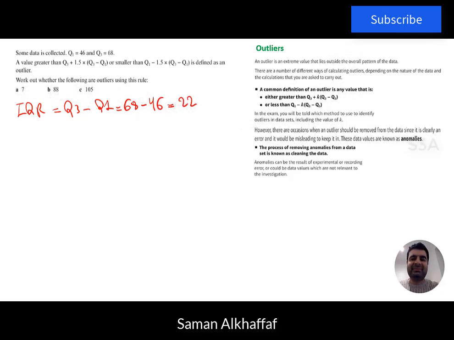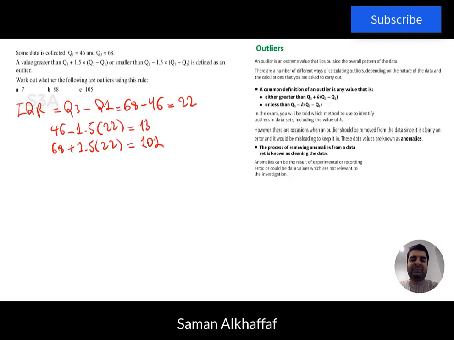And we also need to find the upper and the lower value, so we say 46 minus 1.5 multiplied by 22, and that would give us 13. And we also have 68 plus 1.5 multiplied by 22, and that would give us 101.